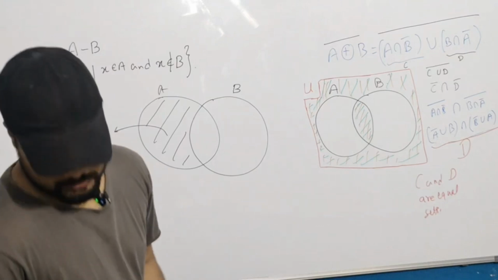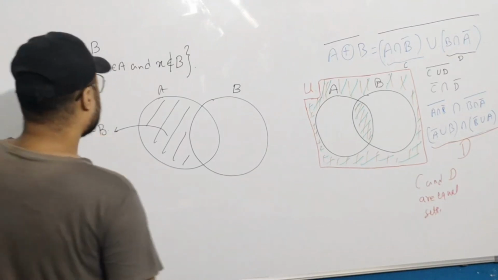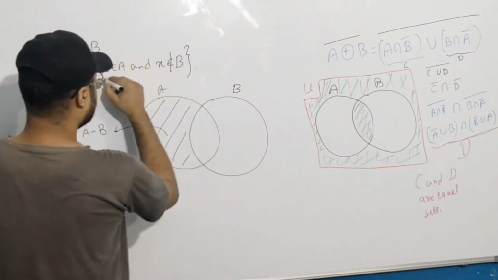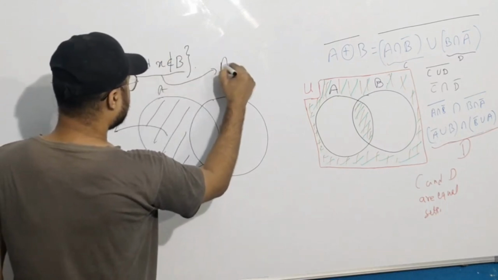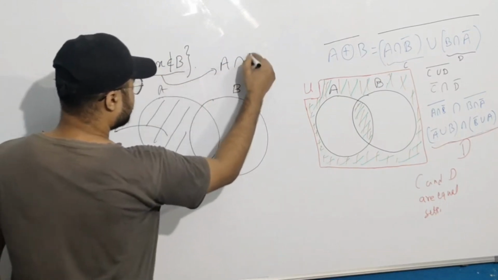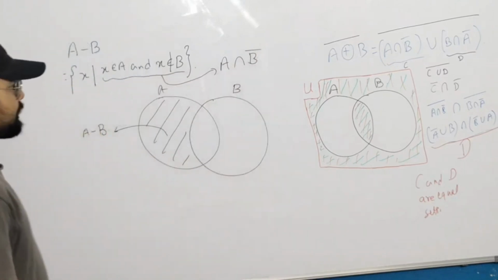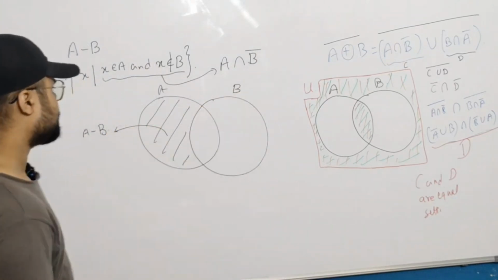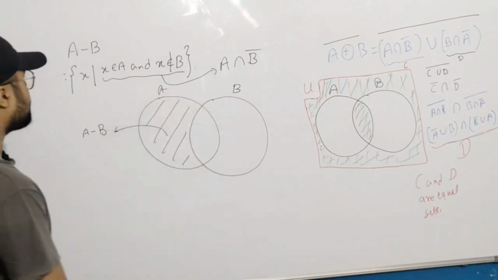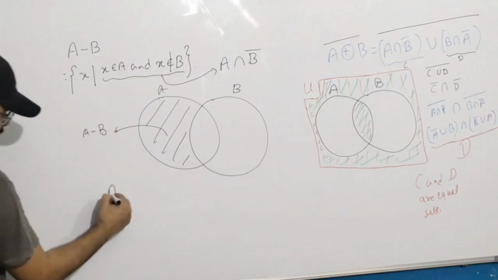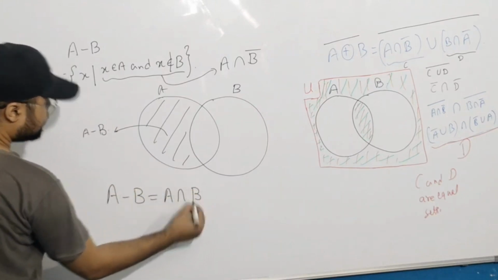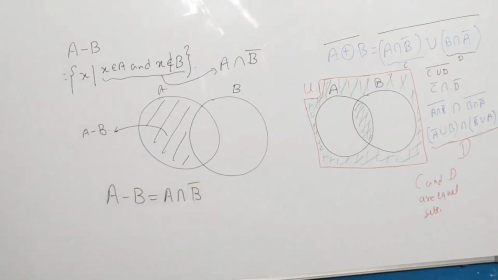As you can see very clearly, you can write this as A and x does not belong to B, which is B complement. A intersection B complement, which is this region. Okay. So A minus B is equal to A intersection B complement.